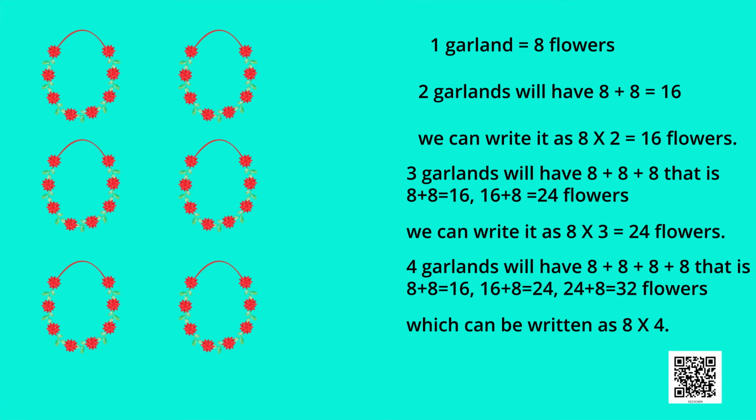Since we are adding 8 again and again 4 times, so instead of adding same number repeatedly, we can multiply also. Here 8 is getting added 4 times. So we can multiply it by 4, that is 8 multiplied by 4.